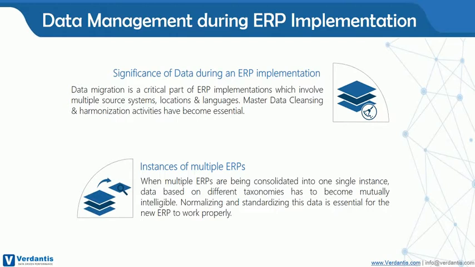Standardization, normalization, technical attribution, and harmonization are all key aspects to bringing your data together for an ERP implementation or consolidation. This is especially true as we look at instances where multiple ERPs are in play.